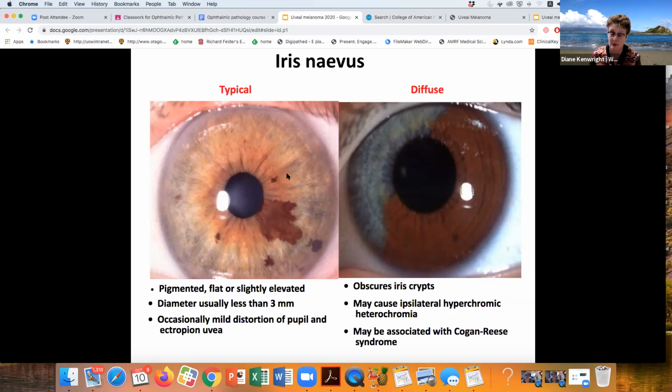We're interested in the presence or absence of feeder vessels or inflammation. All of those can help us make a recommendation of what this is. And I say make a recommendation because sometimes we can't tell in iris melanomas because they are so bland.